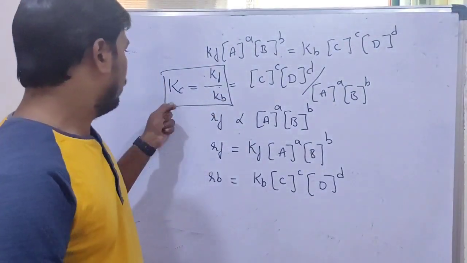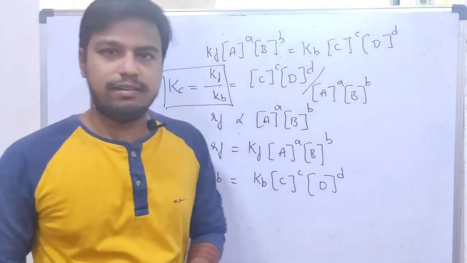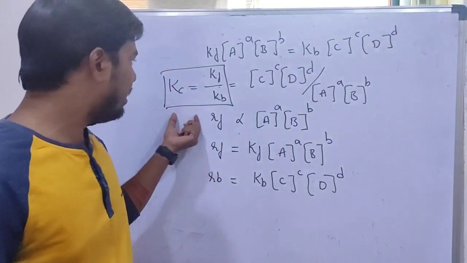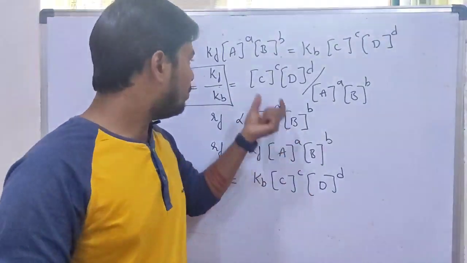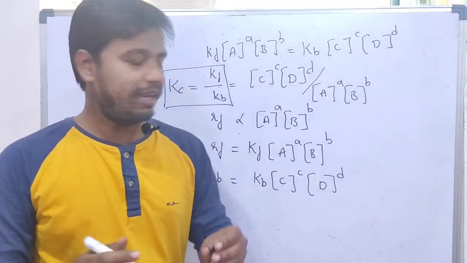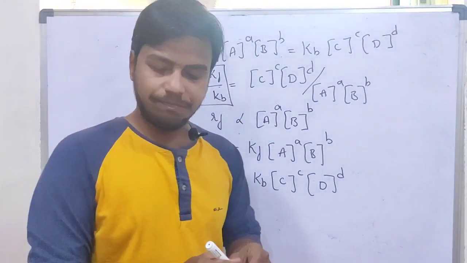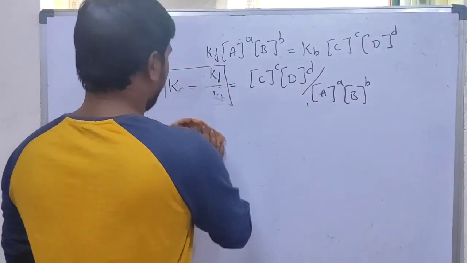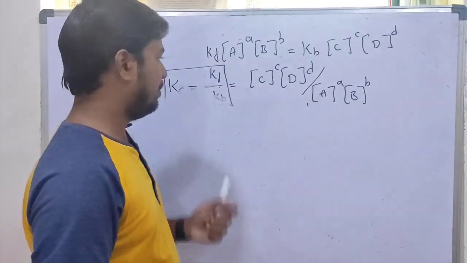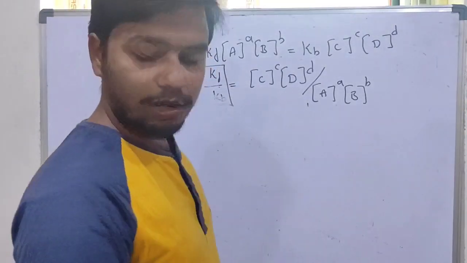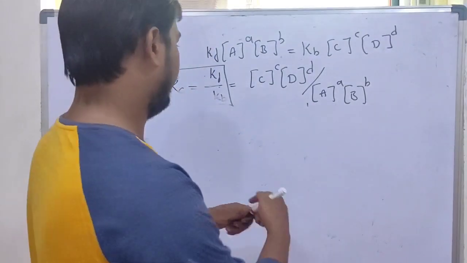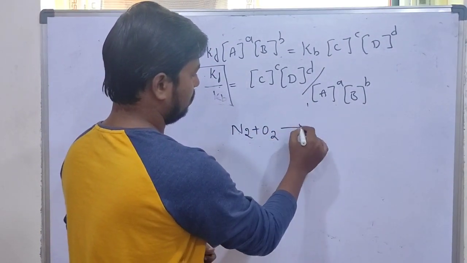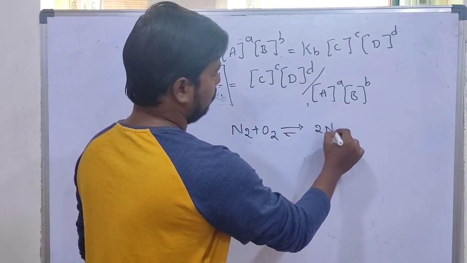So we should study Kc here, what happens to Kc and what factors influence it. Before that, I'll take one example and calculate. Write down Kc is equal to Kf by Kb. This is the important thing. Now consider the elementary reaction N2 plus O2 in equilibrium with 2NO.